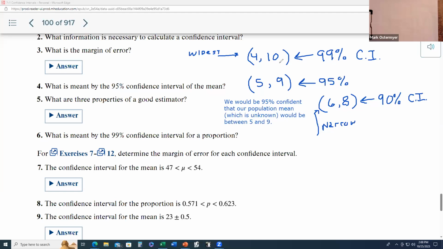Why is this 99% confidence interval so much wider than the 90% confidence interval? Here's why. Our margin of error is equal to the critical z-value times the standard error of your sampling distribution.